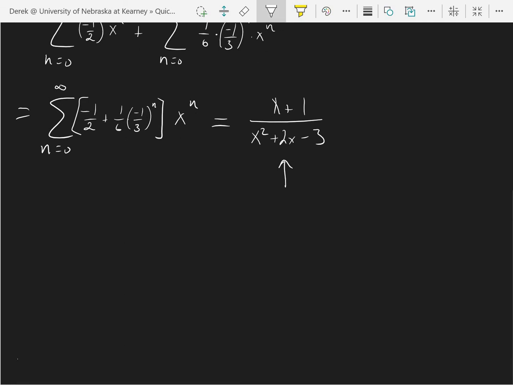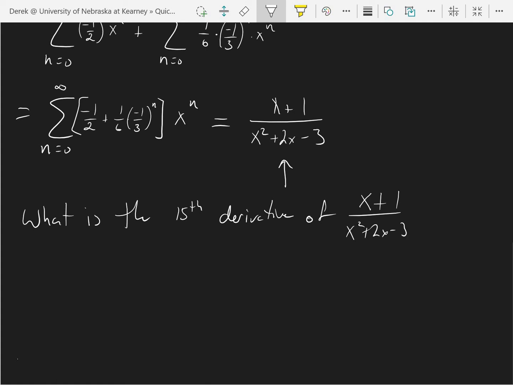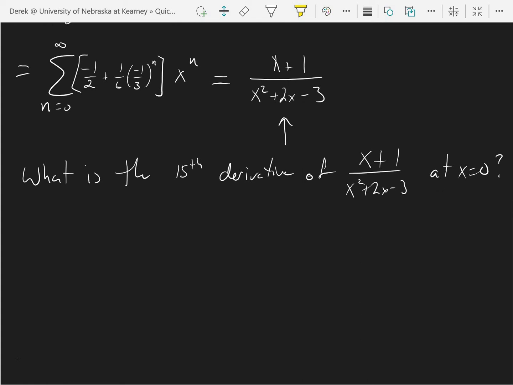So what if I would ask, what is, let's say, the 15th derivative of x plus 1 over x squared plus 2x minus 3 at x equals 0? Well, I'd want to take the quotient rule and use it like 15 times, but that sounds like a very messy, long, arduous process.